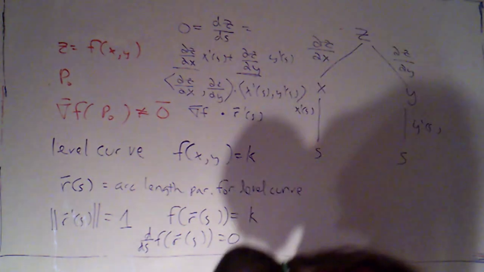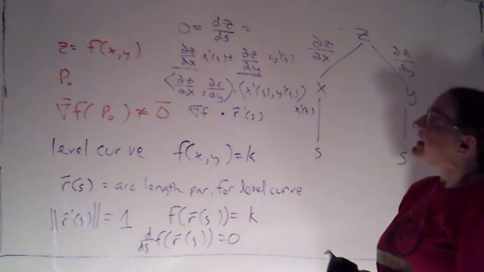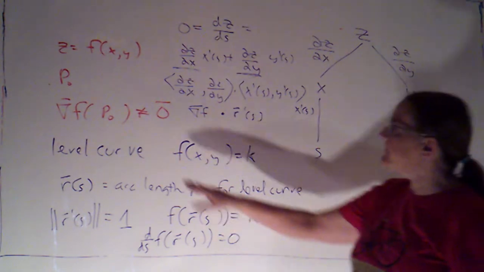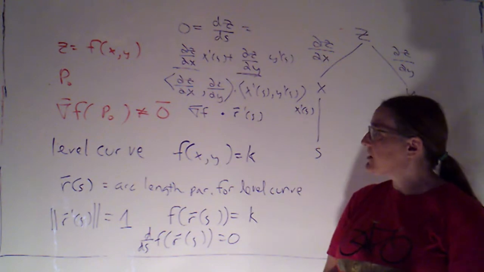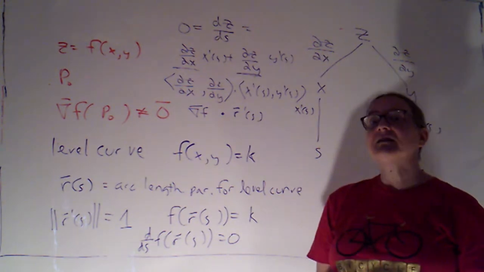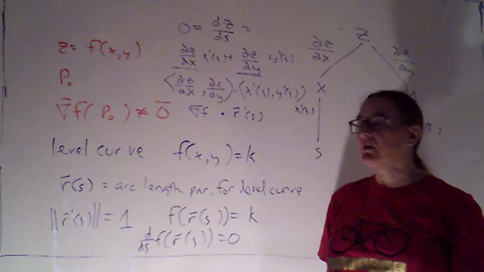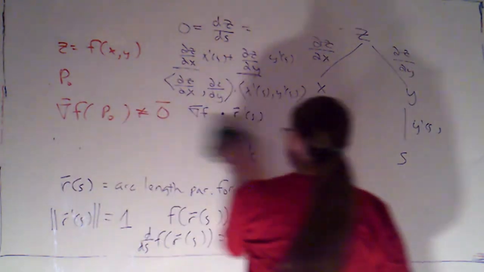And what we could say is that if I have a differentiable function and the gradient of f at p naught is not zero, then it's going to be normal to the level curve.